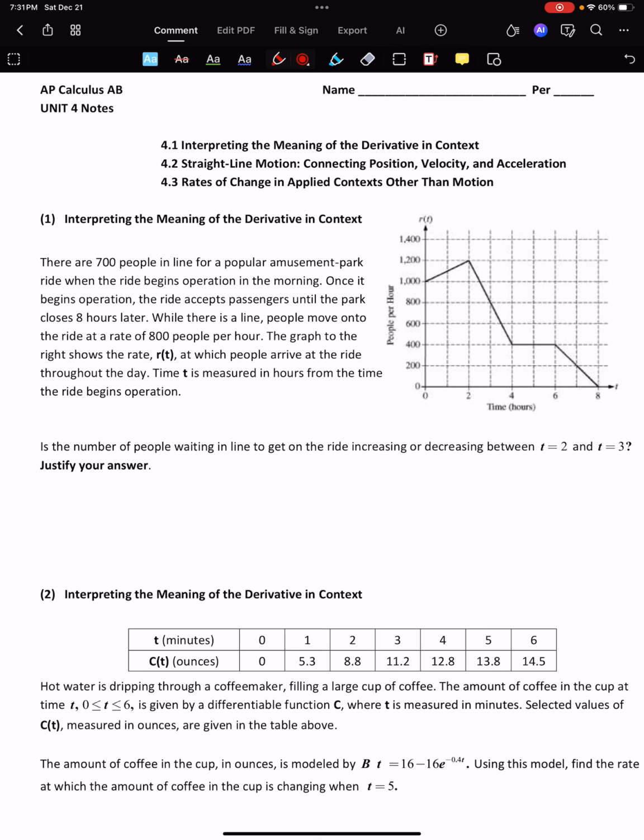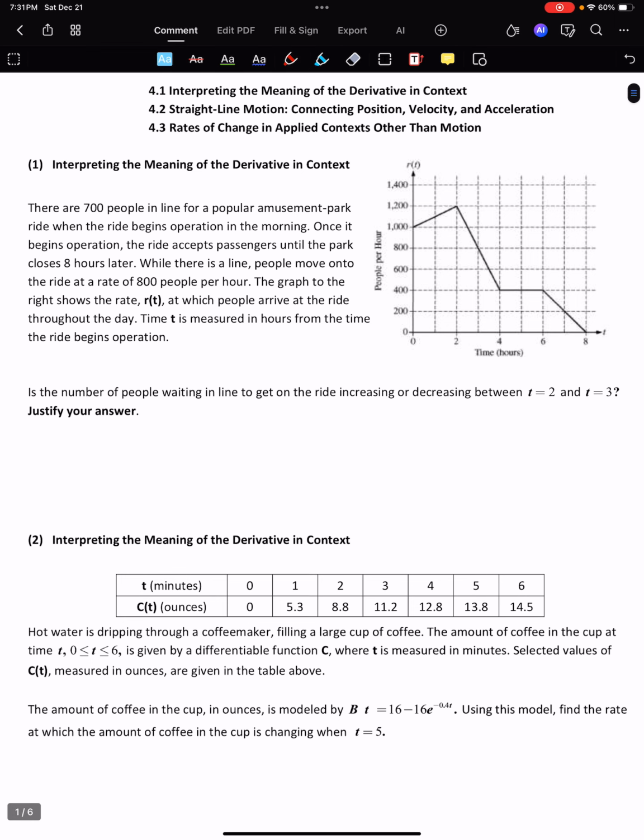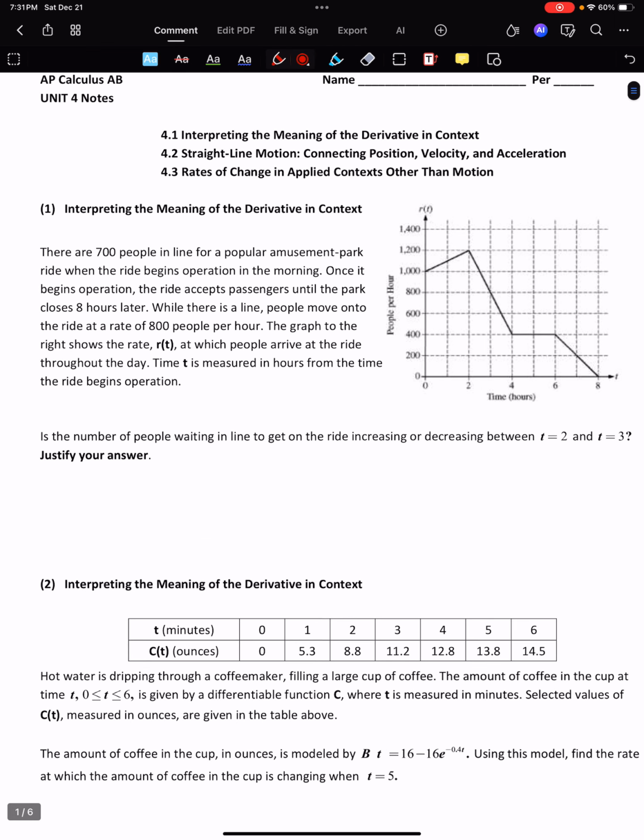So let's break the problem down just like we're reading a normal word problem that we learned way back in Algebra 1. There are 700 people in line for a popular amusement park ride when the ride begins operation in the morning. Once it begins operation, the ride accepts passengers until the park closes 8 hours later.